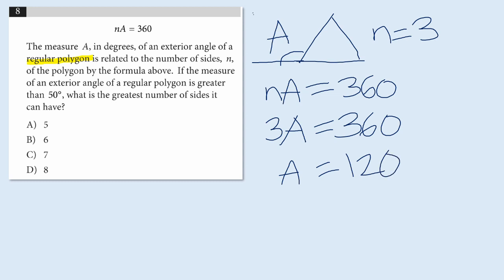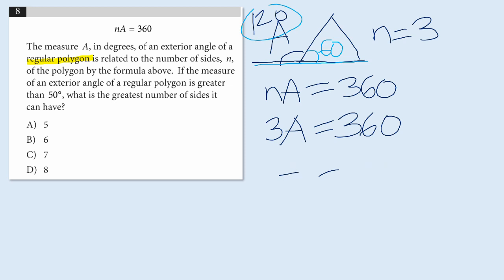Well, you know that that's true because in an equilateral triangle, each of the angles is going to be equal to what? 60, right? That's 180 divided by 3. And because this is a straight line with a measure of 180, 180 minus 60 is 120. All right, so that's all that formula is talking about.